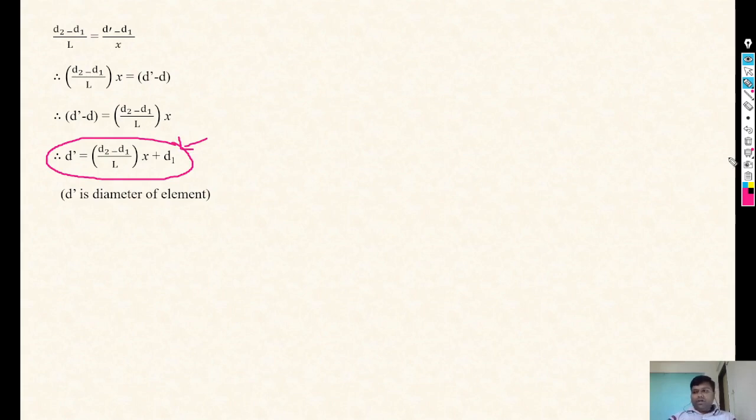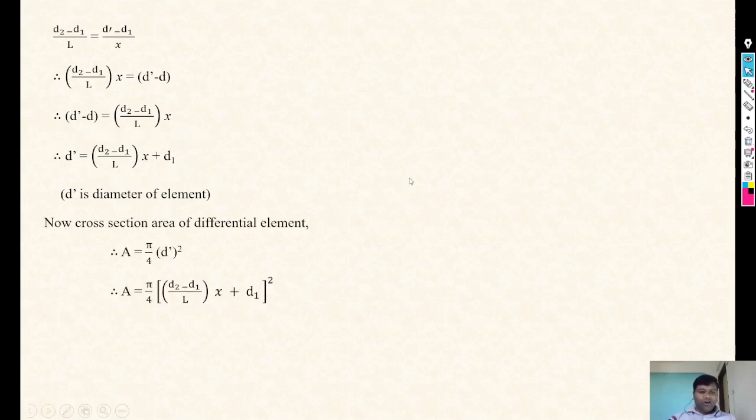and d2. Now here we have calculated the diameter, but actually we require the area of that element. So now for the cross section area of the differential element, means that small element. The formula for the area of a circular section is what? Pi by 4 into d square. But now here we are applying that formula for the small element, and the diameter of that small element is d dash.